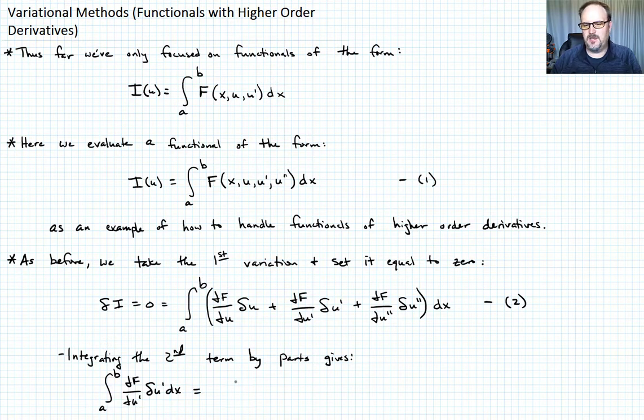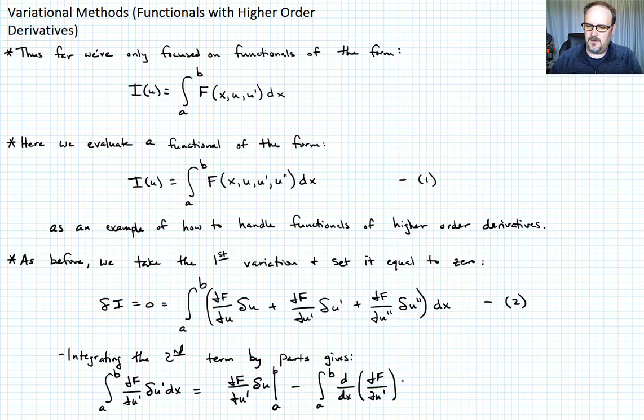Integrating by parts, we end up with partial of f with respect to u prime times delta u evaluated from a to b, minus the integral from a to b of d by dx of partial f with respect to u prime times delta u dx.